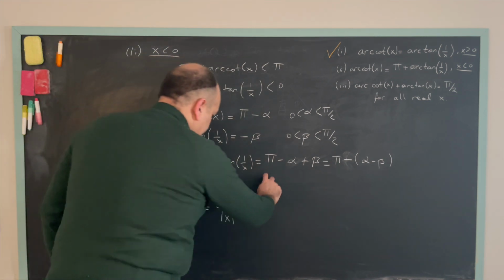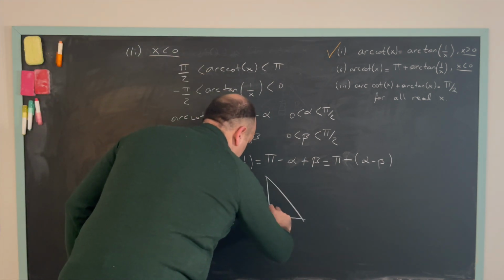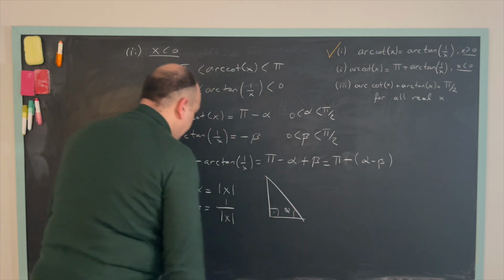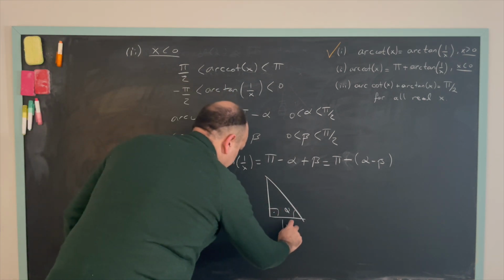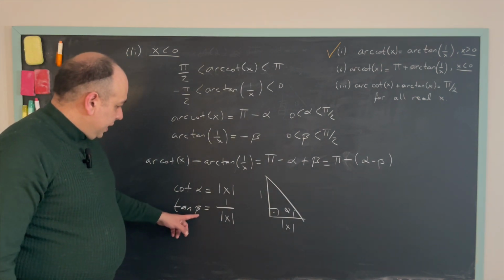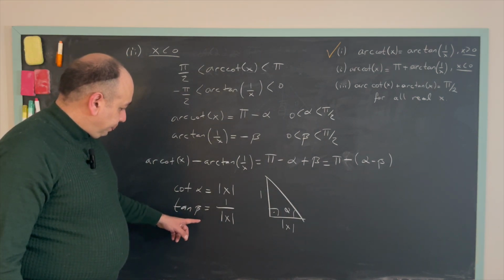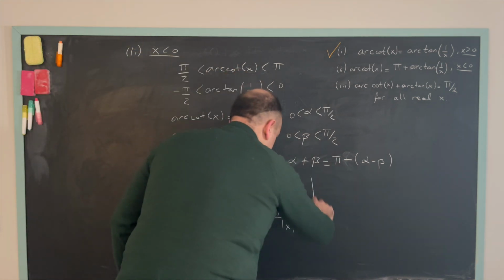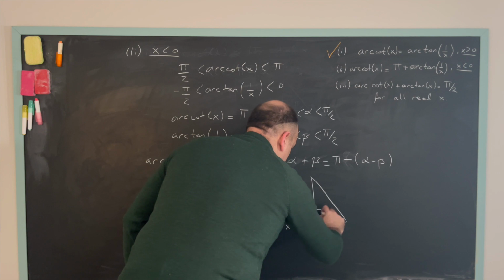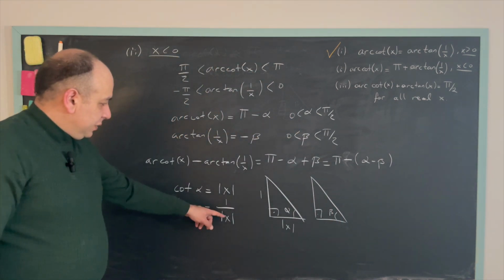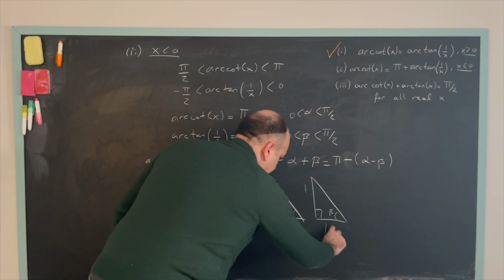So when I plot the right triangles for them, if I put alpha here, cotangent alpha is this, but tangent beta is going to be equal to 1 over the absolute value of x.